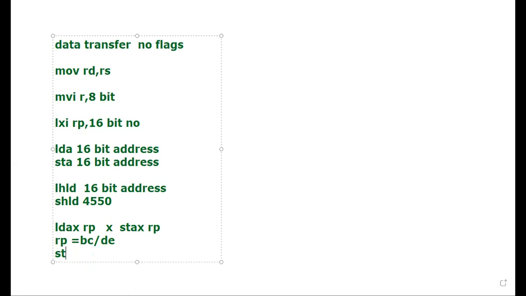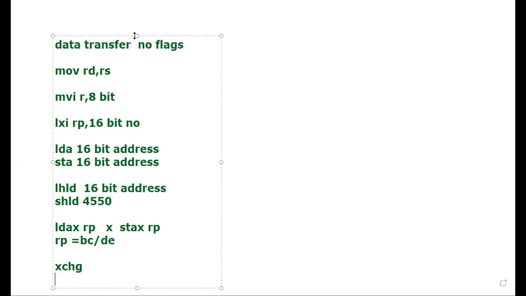After that, if you see, XCHG is the instruction which exchanges the HL pair contents with the DE. H and D will be exchanged, and L and E will be exchanged, and vice versa. So you have to take the numbers in HL and DE and after exchange you have to say what the value is. Clear?